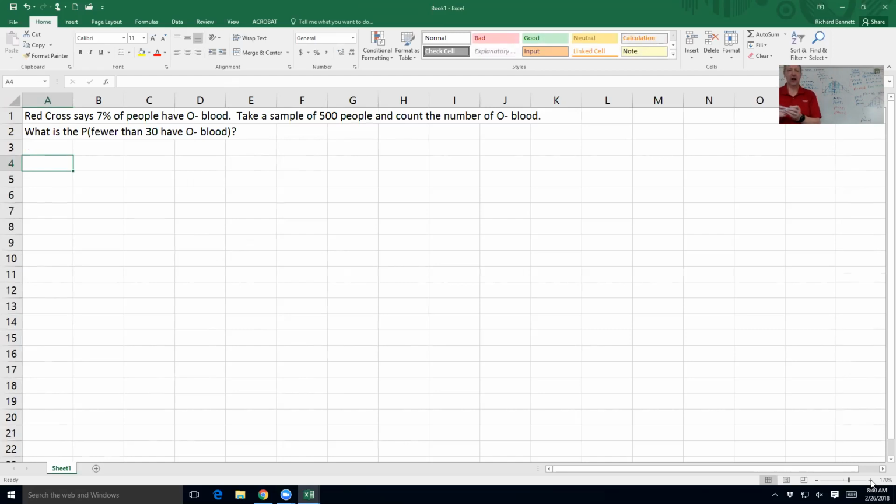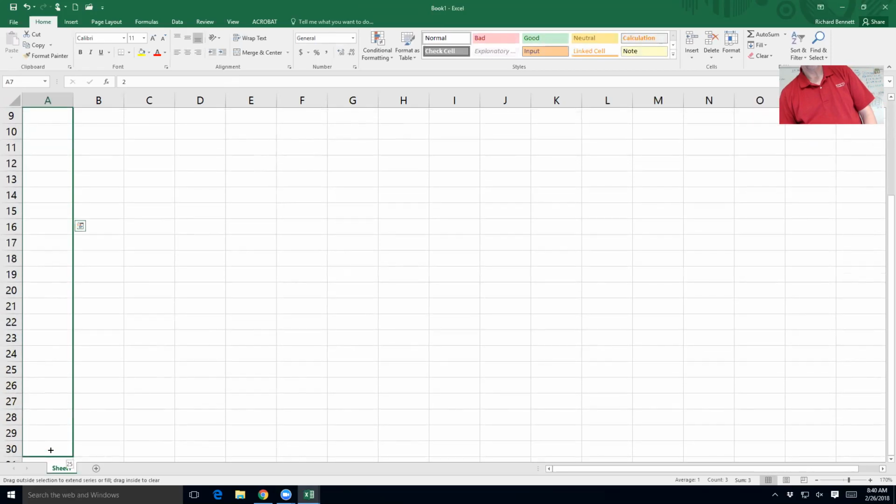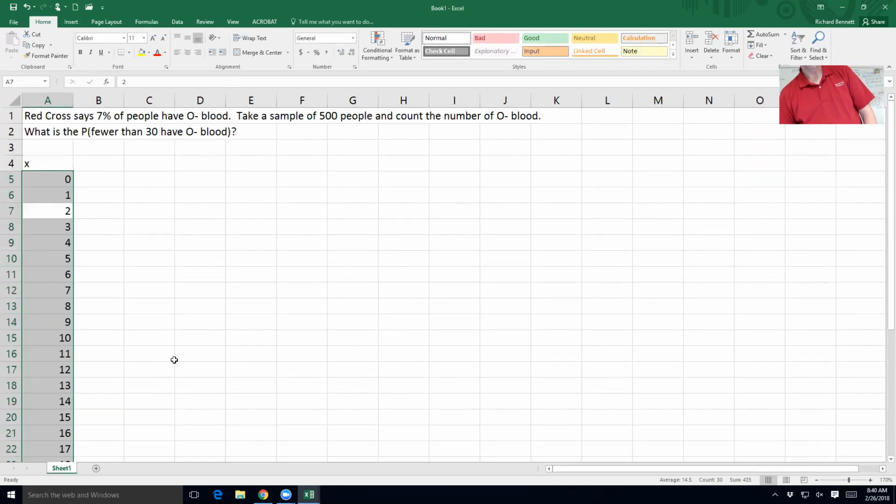So my sample space in this case is x: 0, 1, 2, etc., going down to 29. Now I'm taking away your binom dist command. How would you do this by hand?